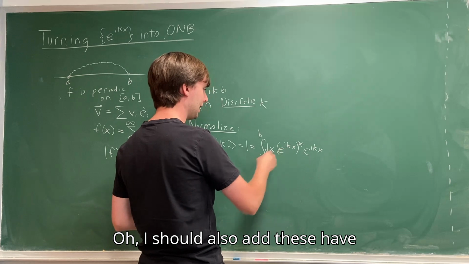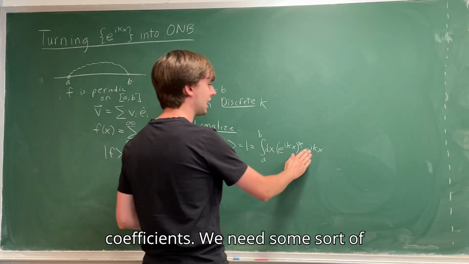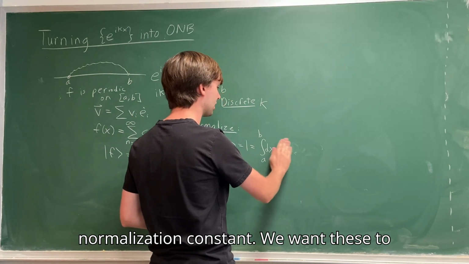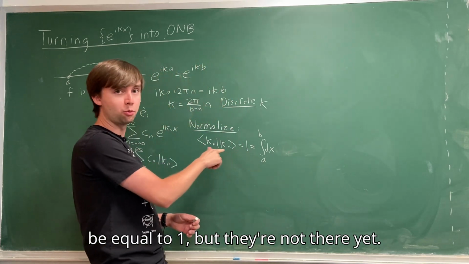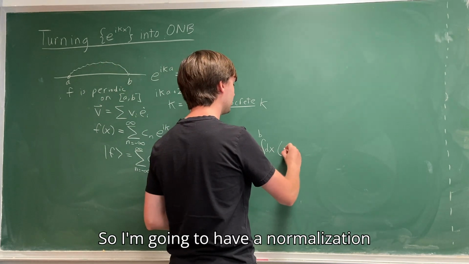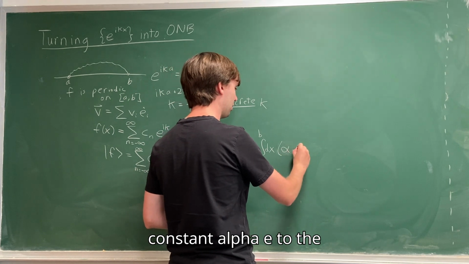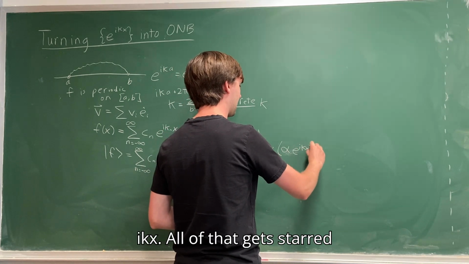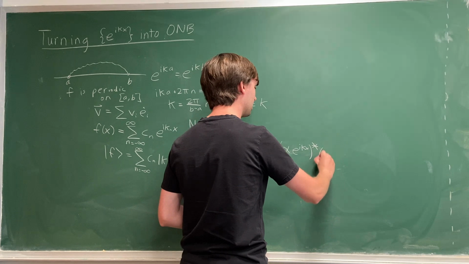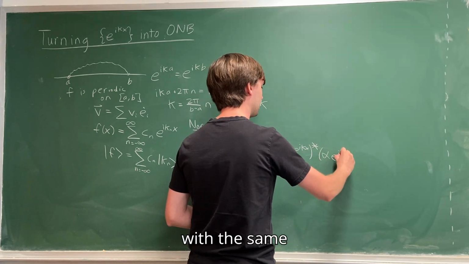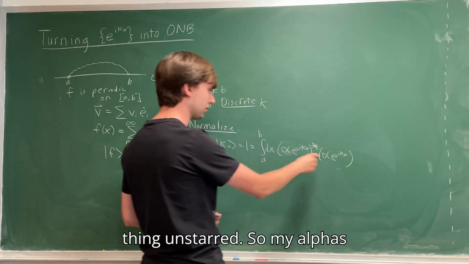Oh, I should also add, these have coefficients out. We need some sort of normalization constant. We want these to be equal to 1, but they're not there yet. So I'm going to have a normalization constant alpha, e to the i k x, all of that gets starred, with the same thing unstarred.